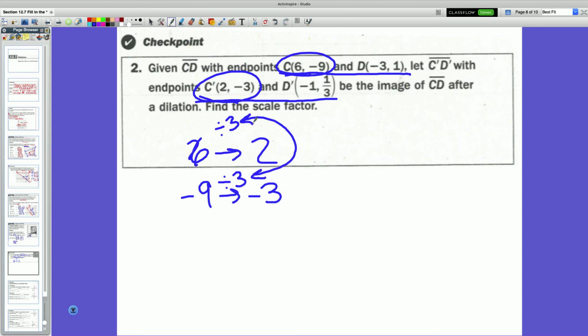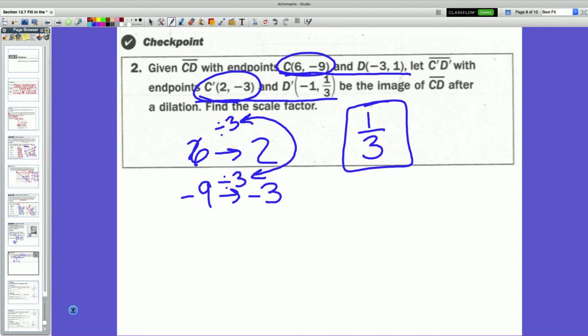But we don't like to think of scale factors in terms of division. We like to think of them in terms of multiplying. So instead of dividing by 3, I'm like, what can I multiply by that's the same as dividing by 3? Well, the answer is 1/3. If you don't believe me, let's check my answer using the D's.